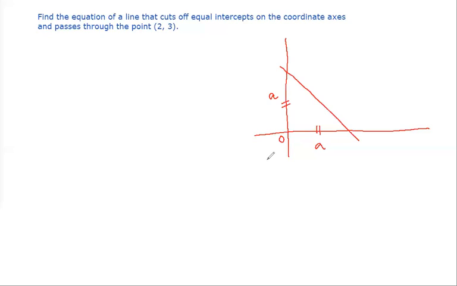Both are same. And he also says that this line passes through 2 and 3. So maybe this point is 2, 3. Can you tell how we can find the equation of this line?